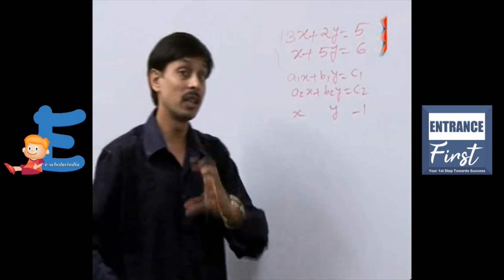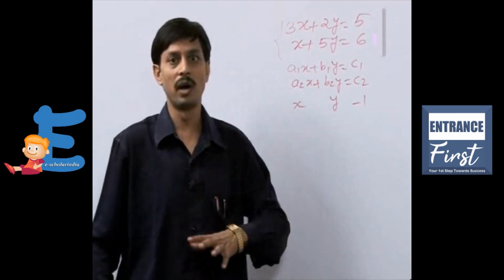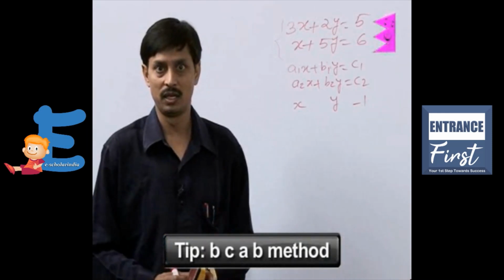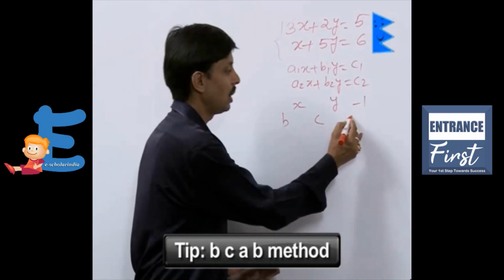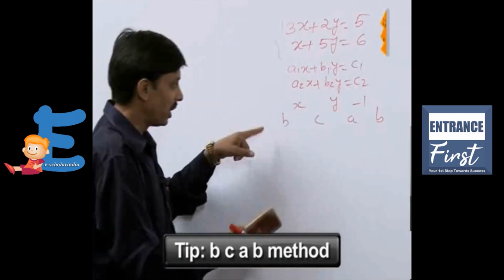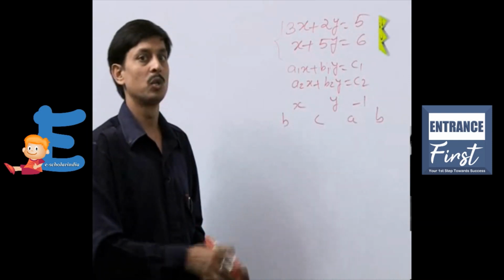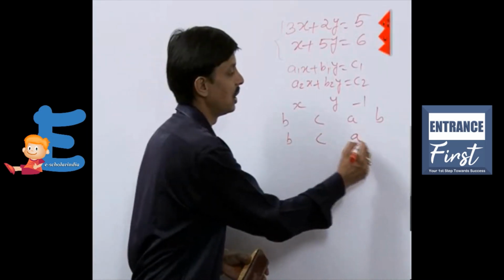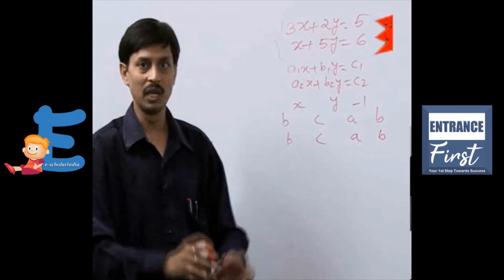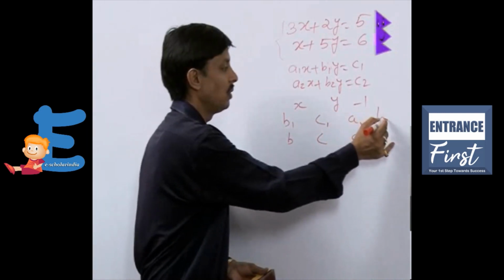The method of cross multiplication can be remembered by the BCAB method. You will read it as BCAB. And there are two equations, so you have to write BCAB again. For the first you write 1, 1, 1, 1.